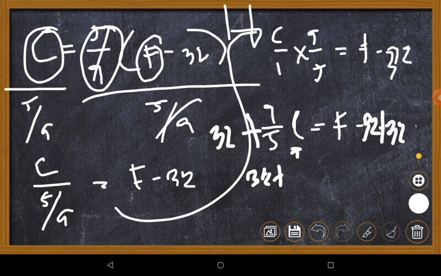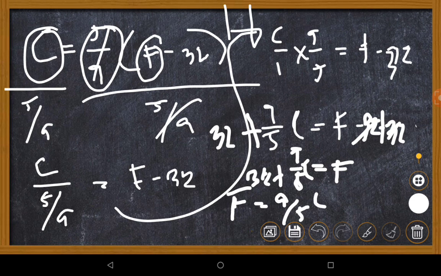So this will be 9/5 C plus 32 equal to Fahrenheit, since negative 32 plus positive 32 is equal to 0. Now rearranging the equation, Fahrenheit is equal to 9/5 times Celsius plus 32.